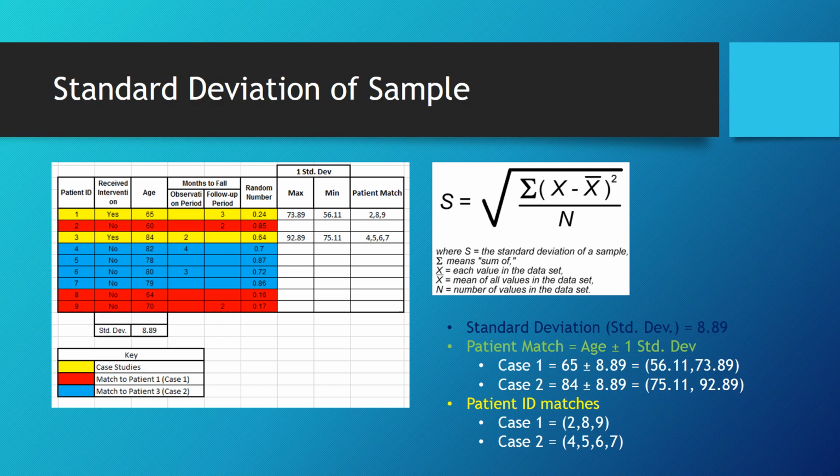And if you compare it with the other patient IDs, patients 2, 8, and 9 are within that range for case 1, while patient IDs 4, 5, 6, 7 are in the range for case 2, as you can see there. I have color coded: yellow shows the case studies, red is the ones that are matched to patient 1 or case study 1, and blue is patient 2 matched to patient 3.